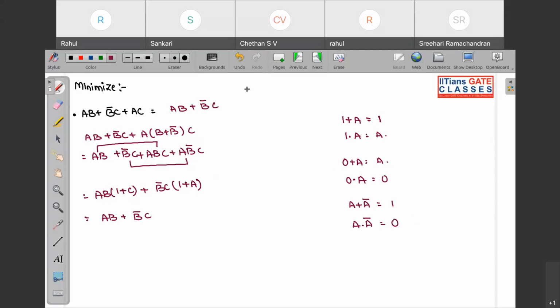Now let me ask you, what is this known as? What is this whole expression, or this minimized expression, known as? This is known as your consensus law. Okay, consensus law.